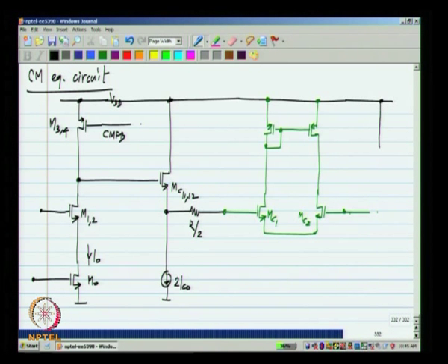Here I have the replica to generate the correct offset of the source follower.